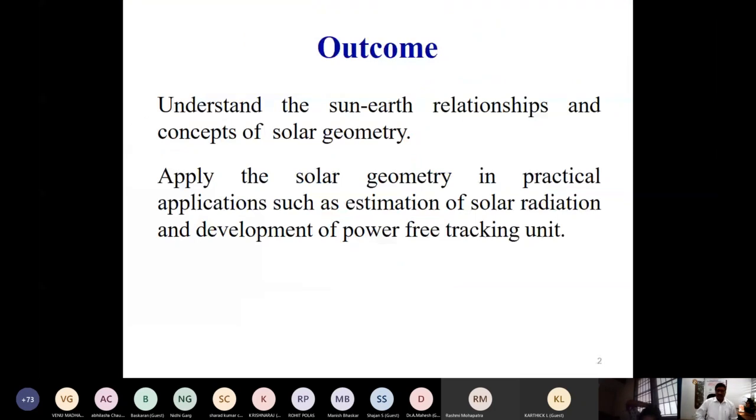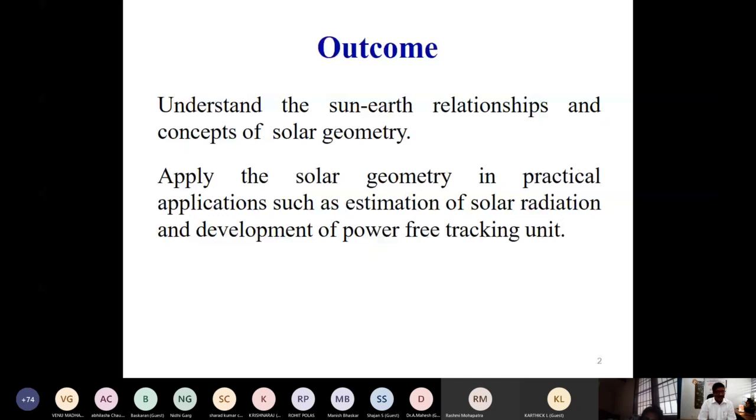Before explaining the tracking system, first I am going to deal with the fundamentals of solar energy, starting from solar geometry, that is, the sun-earth relations. Any engineer interested in working on solar energy needs these fundamentals, so that we can easily model any thermal system, from flat plate collectors to point focus collectors.